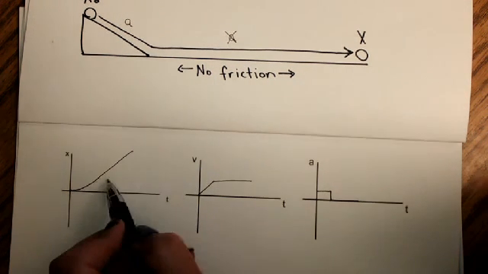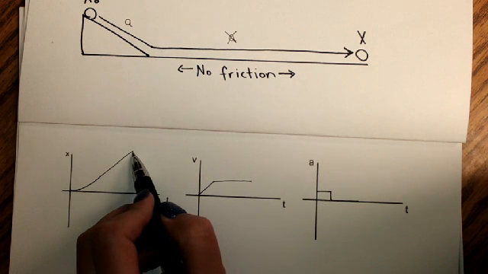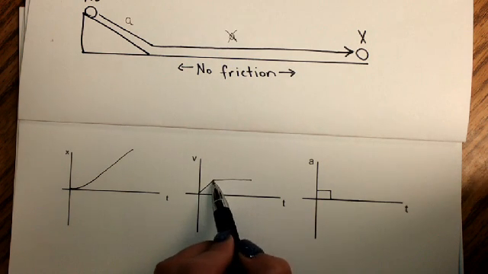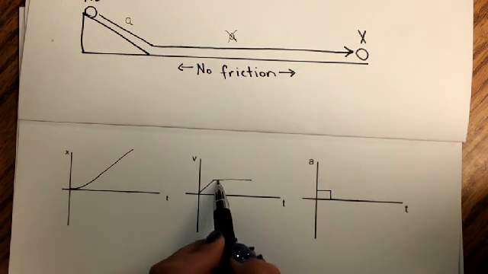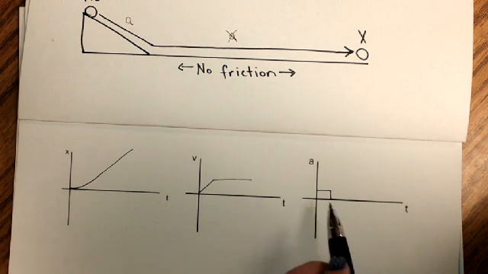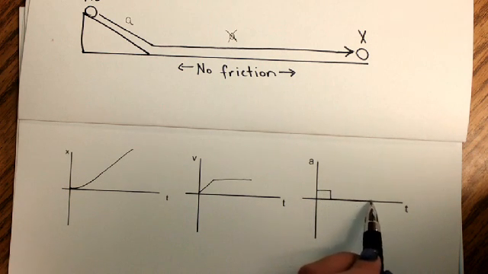And then it hits the floor, and at the floor it begins to go a constant velocity. So here its velocity at first starts from rest and it increases in the positive direction, but when it hits the floor, constant velocity. And then here we have a positive acceleration while it's speeding up, and then no acceleration.